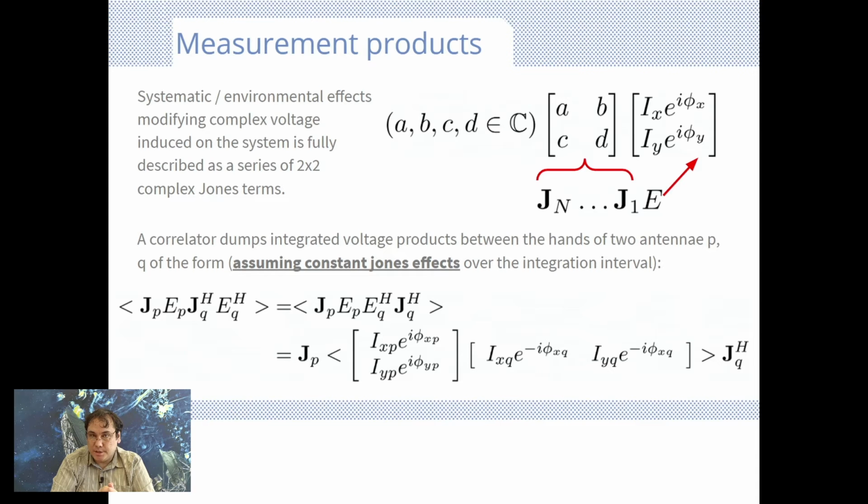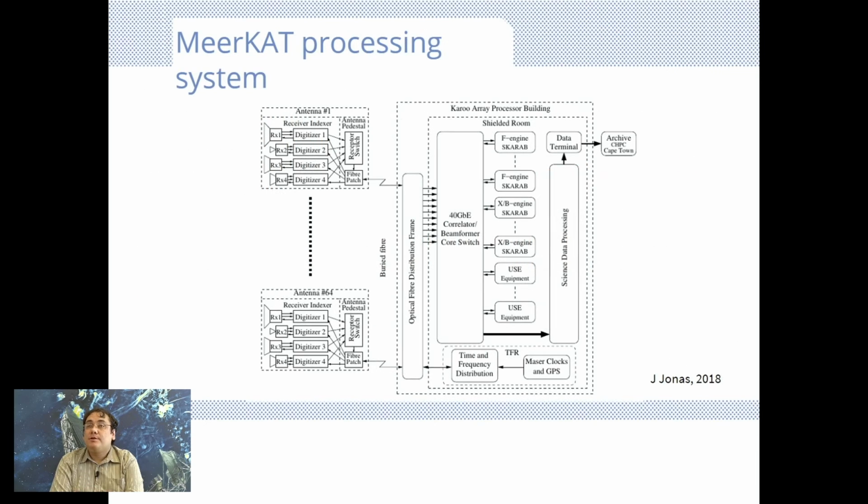What we're assuming in calibration is that our integration interval is short enough for us to move these terms outside of the averaging interval, so they're relatively constant within the integration interval. And what we end up having is just a Jones term associated with antenna P, another Jones term JQ associated with antenna Q for all such pairs of antennas, and then we take just an average of these two signals.